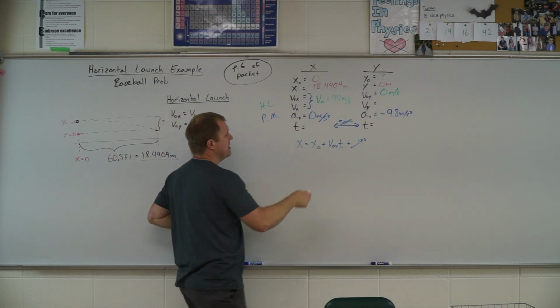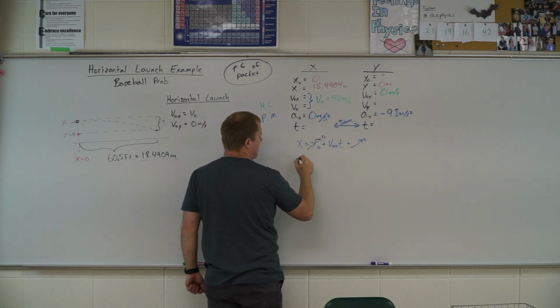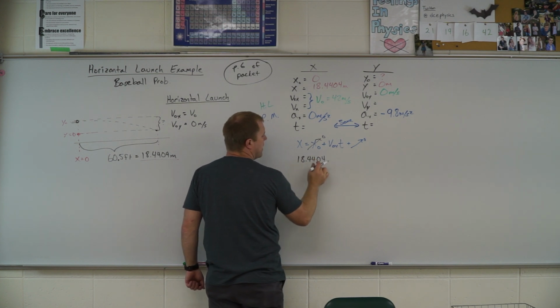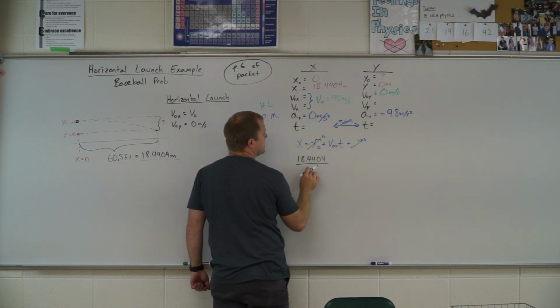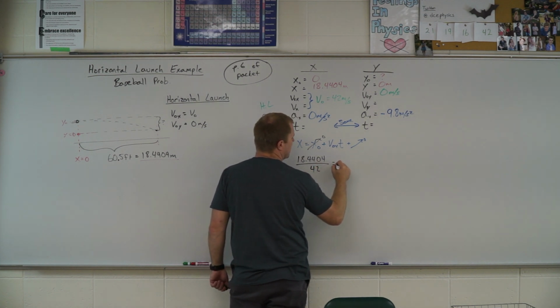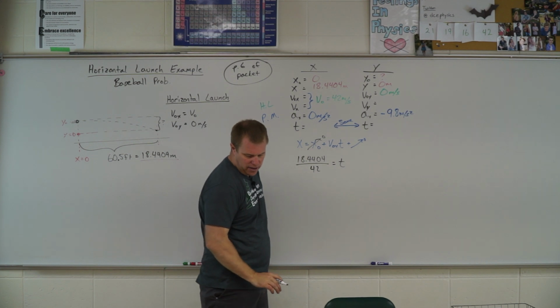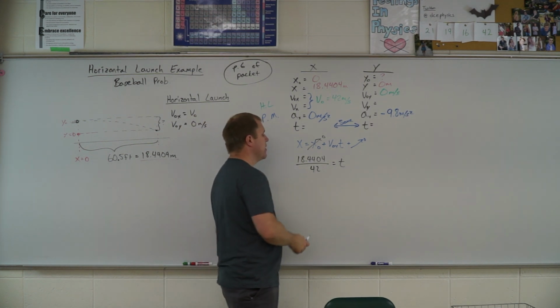Let's find time in the X direction here. So I'm going to divide the 18.4404 over the velocity, V naught X, 42 meters per second, which will give me my time. I didn't even solve for it, so I get a time here.